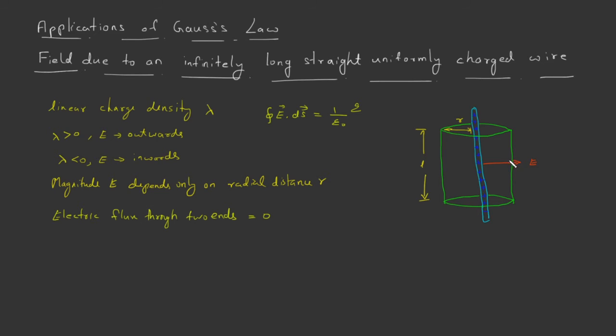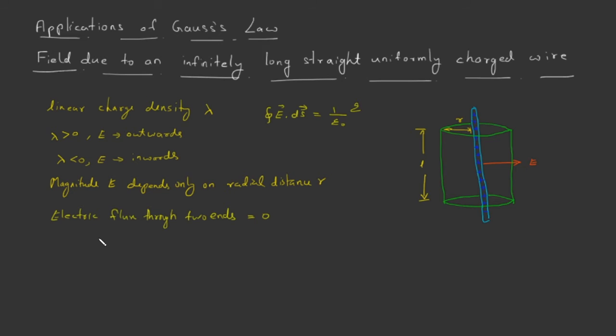We know it is same at every point because R is same for every point, and this magnitude of electric field depends only on the radial distance R. Therefore, electric flux through the curved cylindrical part of the surface is equal to surface integral E ds, because here the direction of the electric field and the outward normal to the small element ds on the curved cylindrical part of the surface are in the same direction.